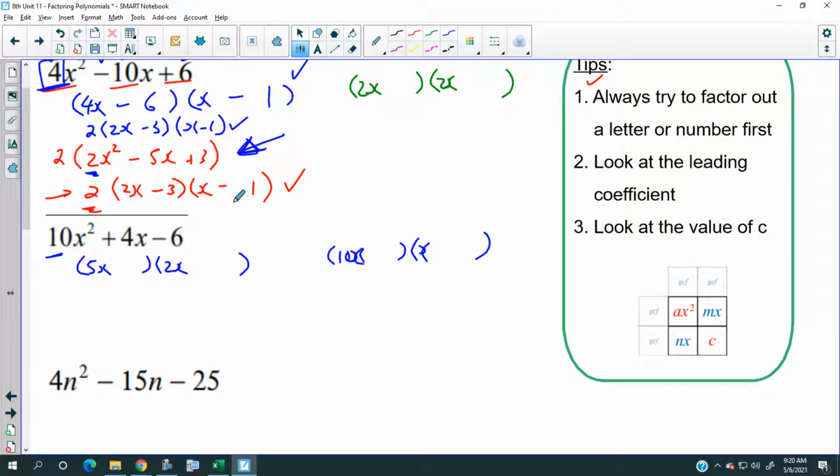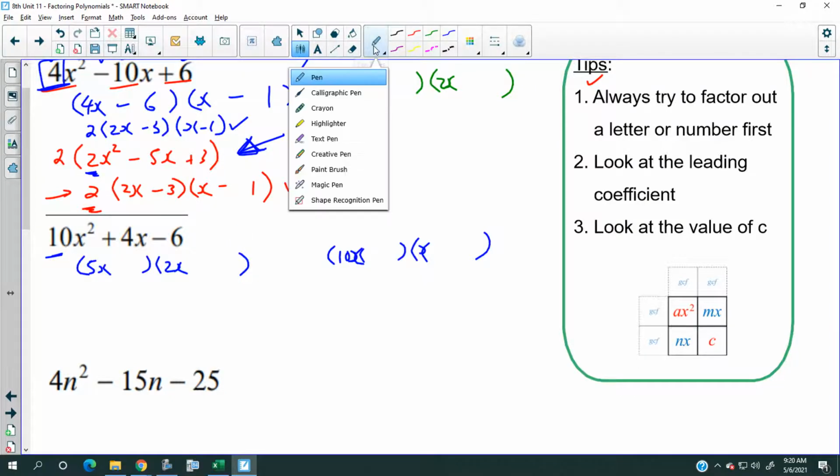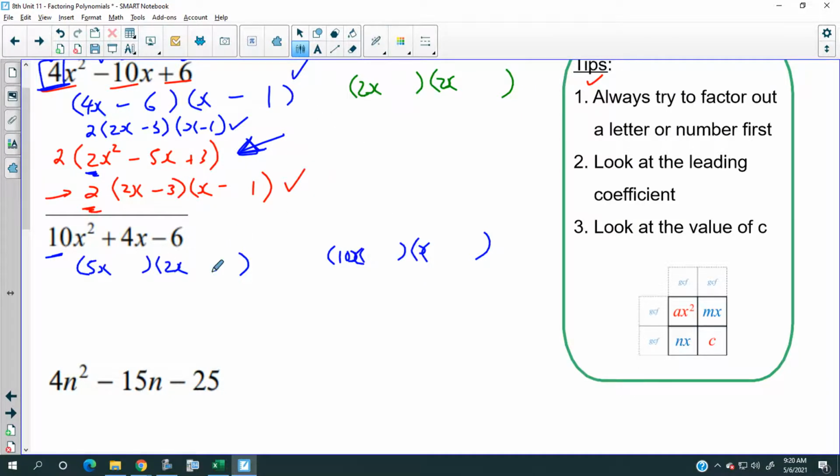So now, let's try this. I could try 3 and 2, all right? So let me think. Let me use my magic pen. If I do 3 and 2, 3 times 2 is 6, that's not going to work, all right? I'll write it out. 3 times 2, that's 6x. That's 10x. Oh, actually, is that possible? Because 10 and 6 can make 4, right? So let's see.